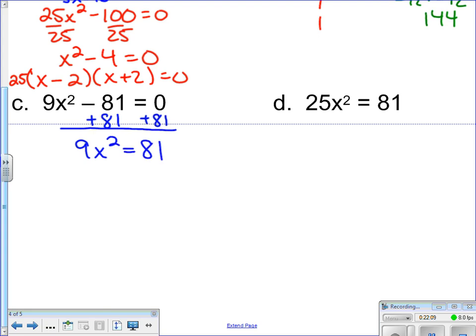How do you get rid of the number in front of the x? That's right, divide. So x squared equals 81 divided by 9. That goes nicely, turns into 9. How do you get rid of an x squared? Square root. What's the square root of 9? Plus or minus 3.